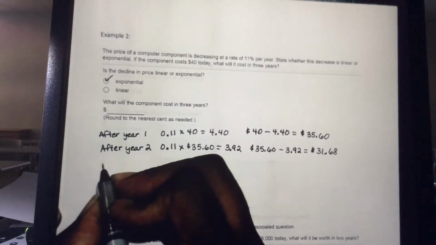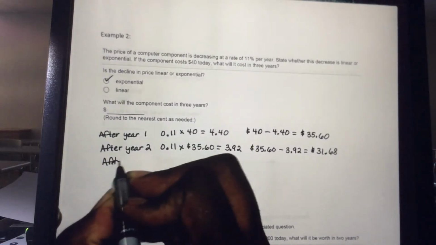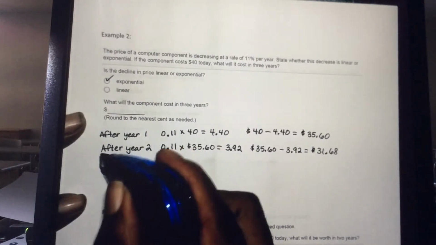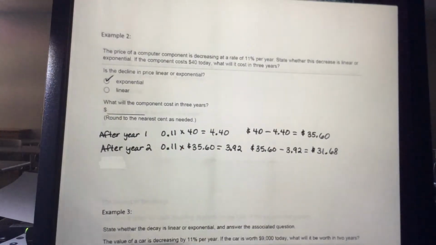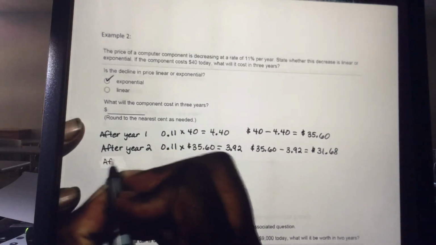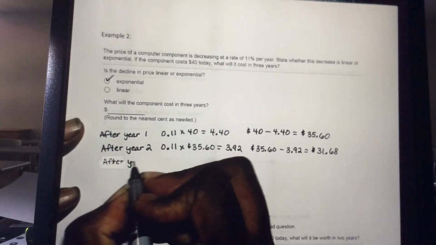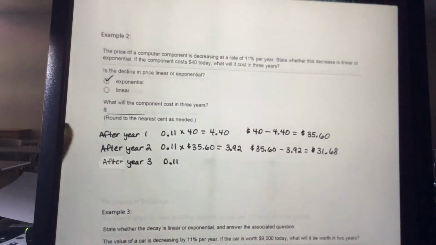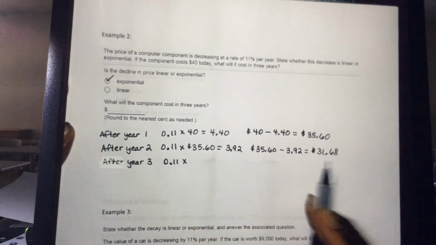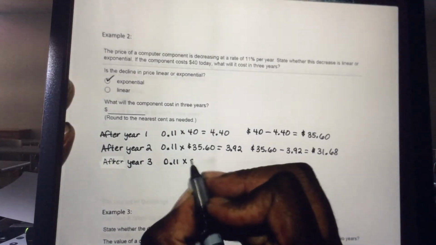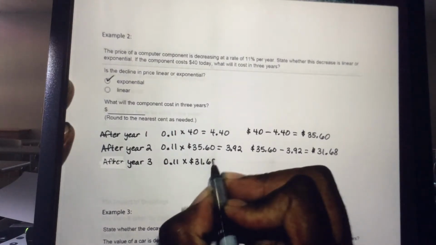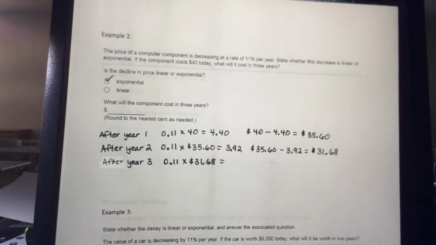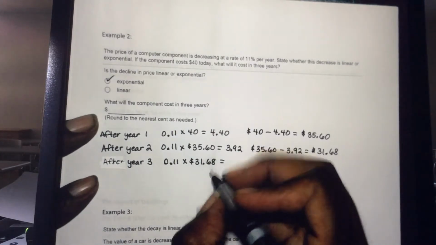And then finally, after the third year, it's still decreasing by 11%, so we take 0.11 times the amount after the second year, $31.68. Multiply and round to 2 decimal places, this will be $3.48.